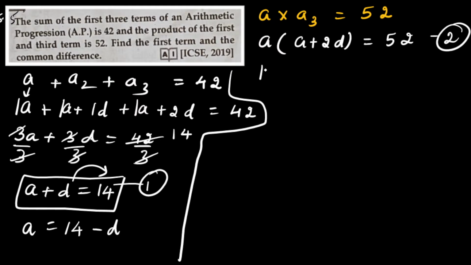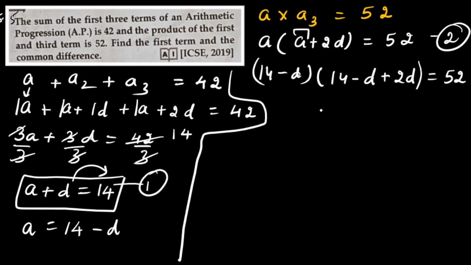One A is outside the bracket, one A is inside the bracket. On both places I am writing 14 minus D. Plus 2D is already there, equal to 52.